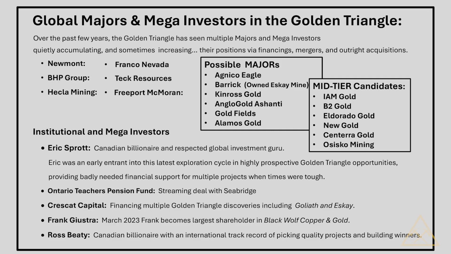Other possible majors that may get involved are Agnico Eagle, one of the biggest in the world, Canadian-based, Barrick, which originally owned the SK mine. If you don't know about the SK mine itself from back in the 80s, 90s, you should do some research. Very exciting discovery that became a mine and was mined for 20 years.